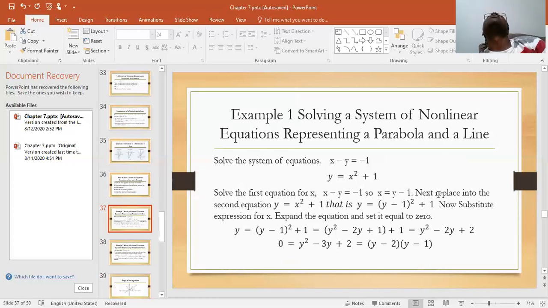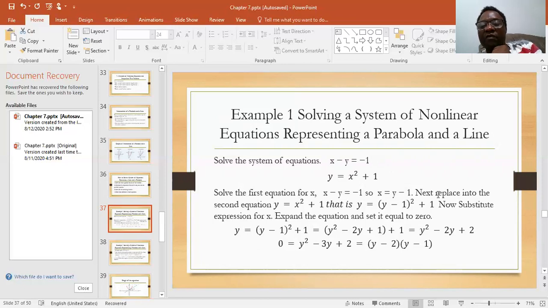Example: we have a system of equations here. The first one is a line, x minus y equals minus 1. And the second one is a quadratic expression, y equals x squared plus 1. Solving the first equation for x gives us x equals y minus 1, which we can replace in the second equation, and have y equals y minus 1 squared plus 1.